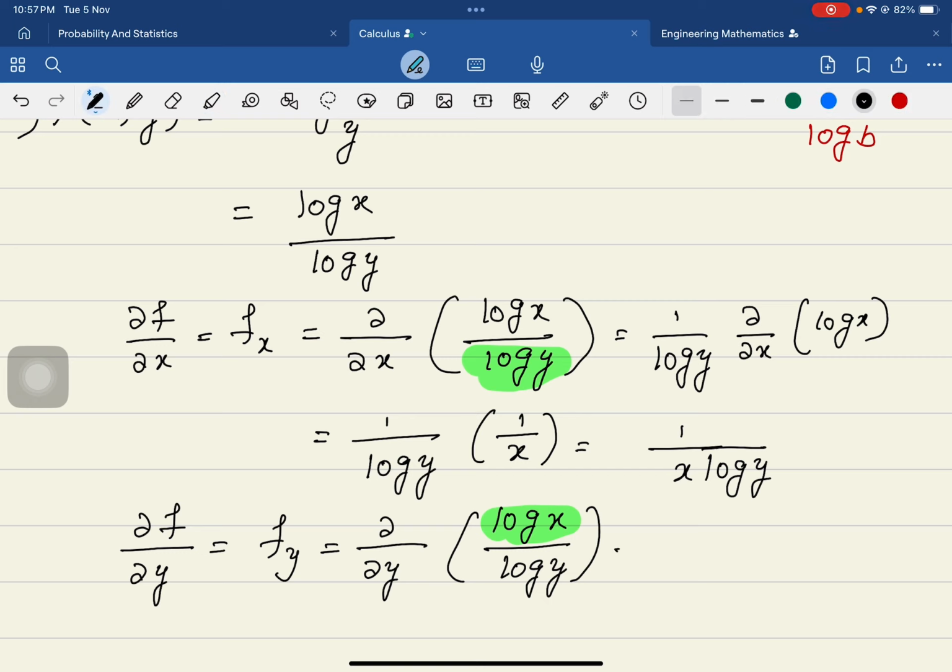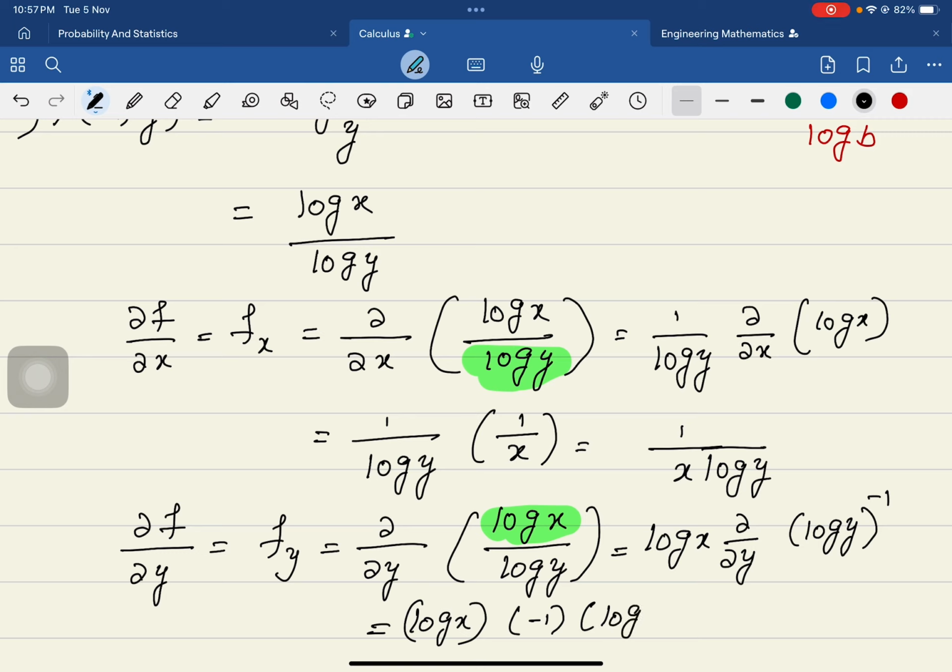So you have to take log x outside and find the derivative of 1 over log y. How can you write 1 over log y as (log y)^(-1)? So the value is log x times the derivative of (log y)^(-1), which is -1 times (log y)^(-2) into the derivative of log y.